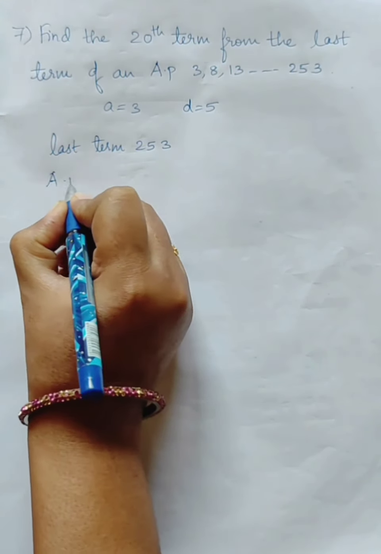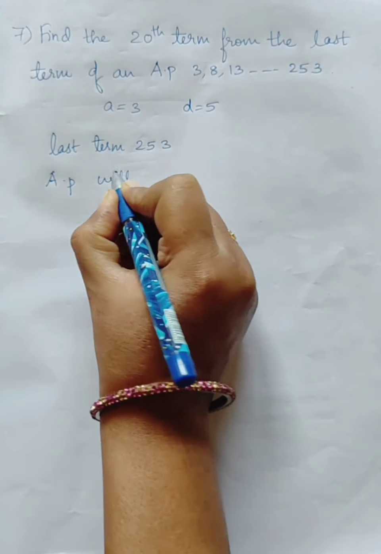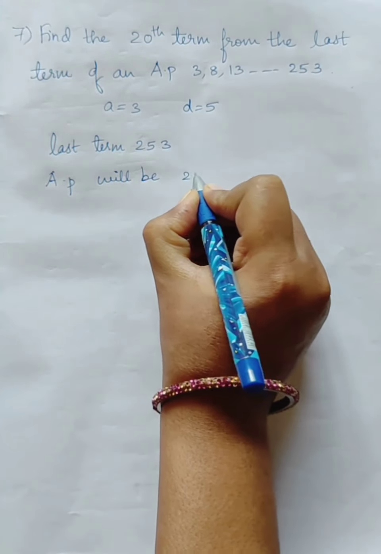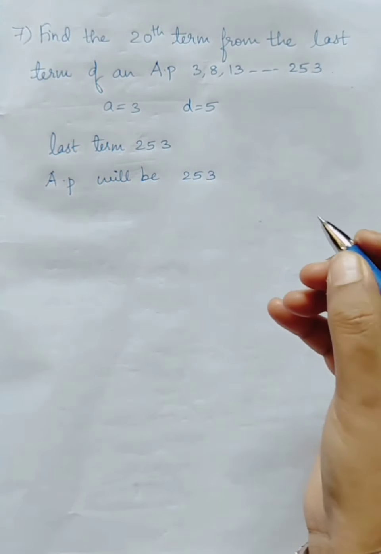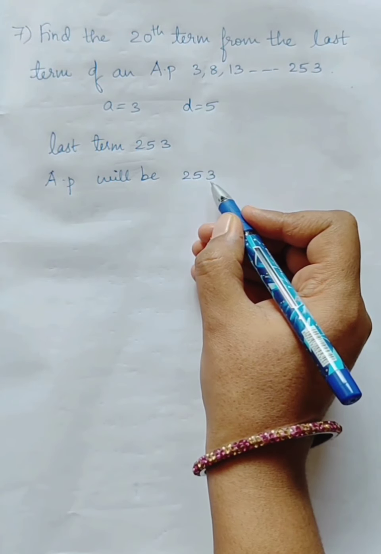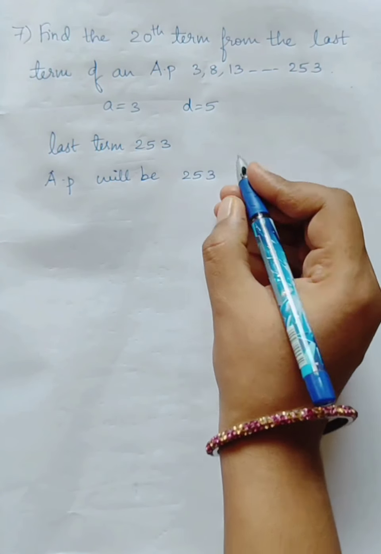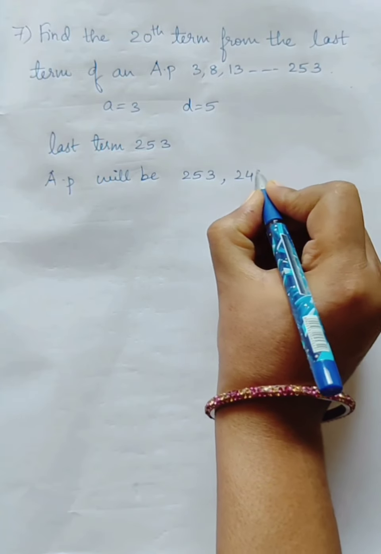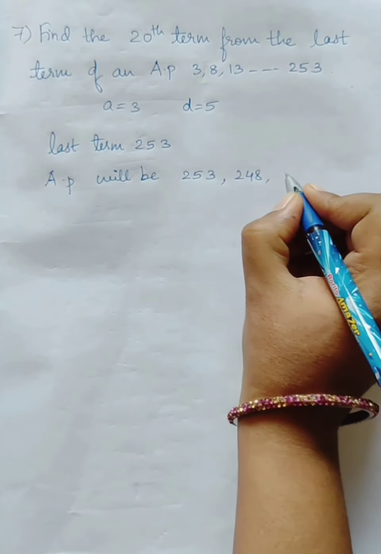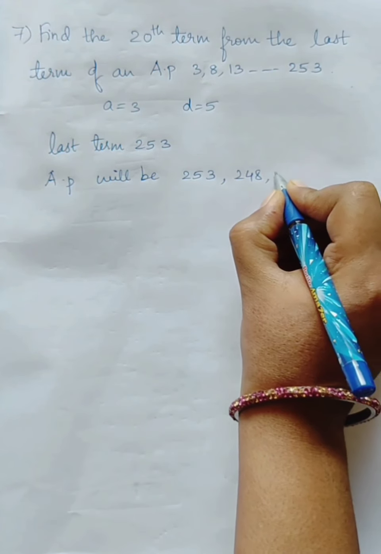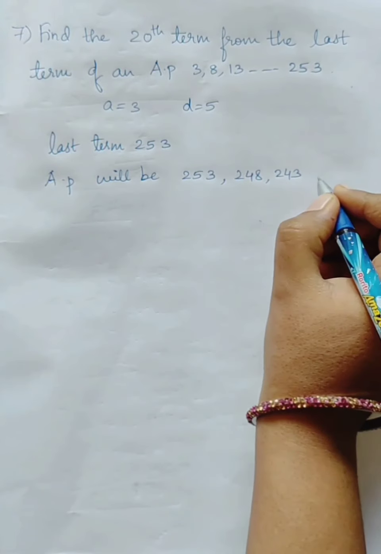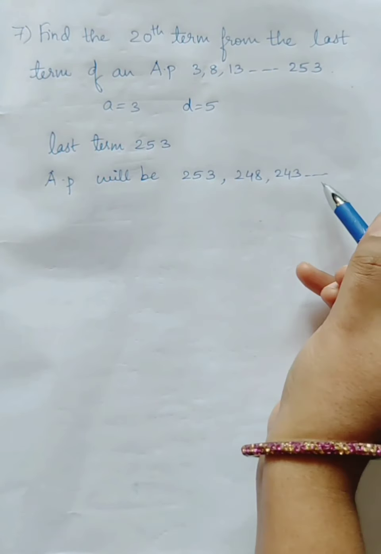So the next AP will be 253. If you subtract 5, what do you get? 248. Next, 243. Okay, and so on up to what?